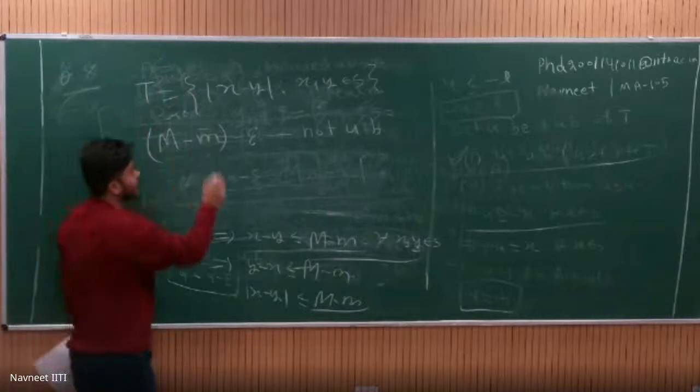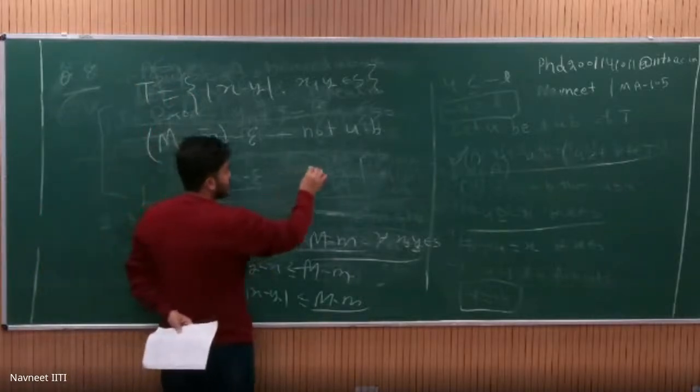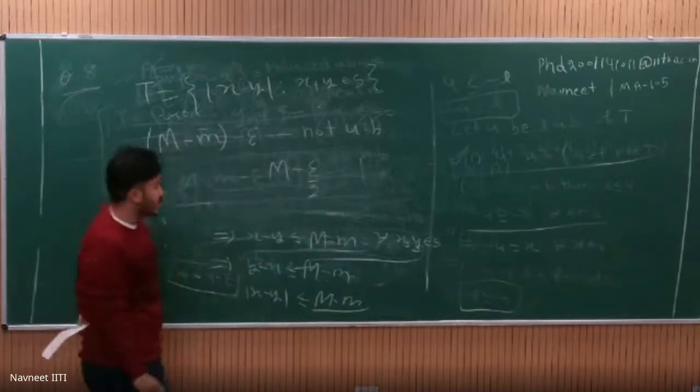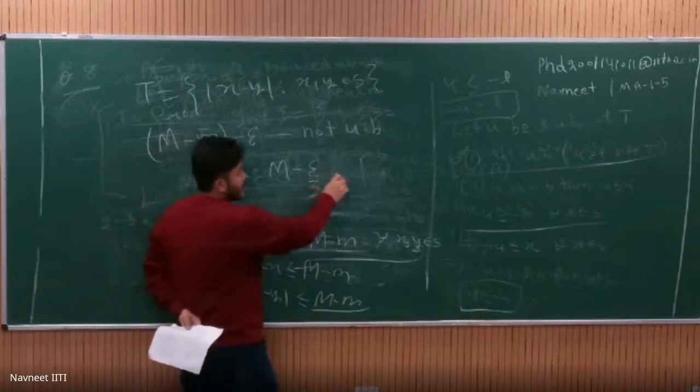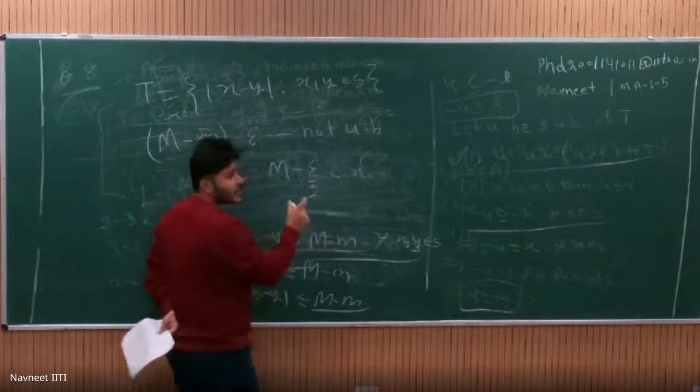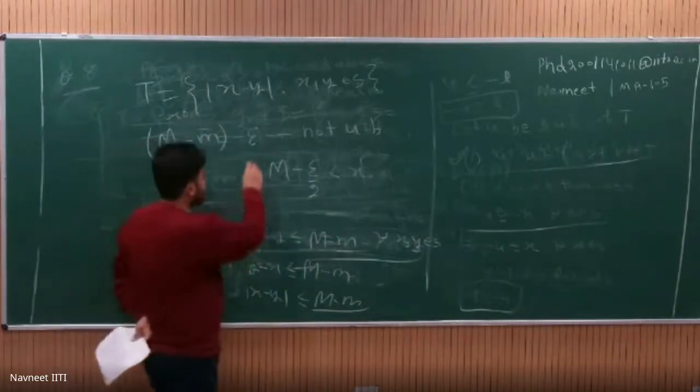Now, this capital M is the supremum for the set S. Then you see that M minus epsilon by 2 is not an upper bound for the set S. That means there must exist an element x naught in S, using question number 8. This point is clear or not?